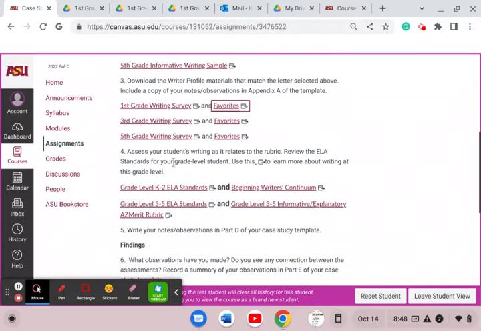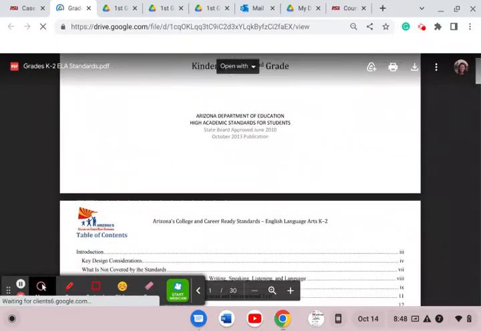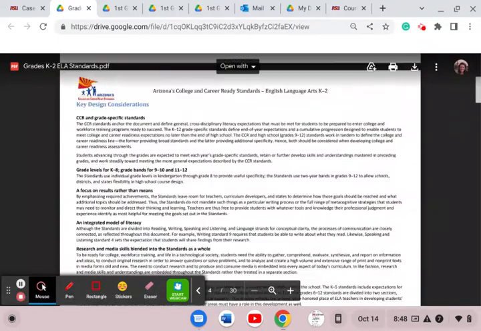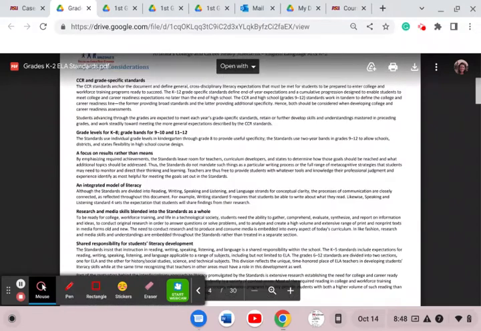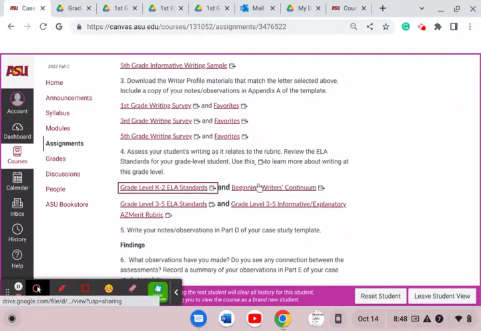And then under here is where you start getting the materials to really understand how to sort through this. So you want to look through the standards, which we have been doing before. And going through the standards means seeing what they should be doing. So here's the standards for that student. And here's the writing assessment.